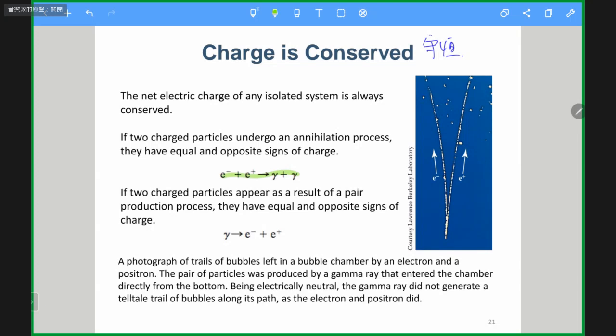If we have an electron, a normal electron, and a positron, in Chinese called the positron, they are so-called antimatter. The positron and the electron are antimatter to each other.